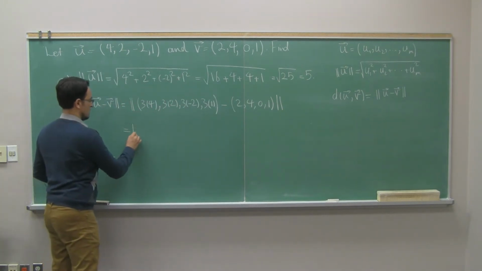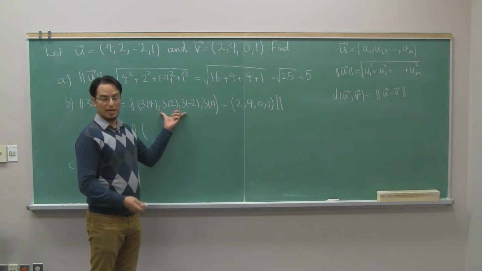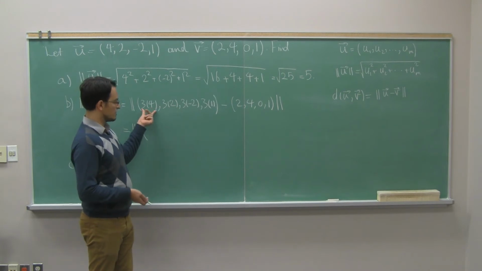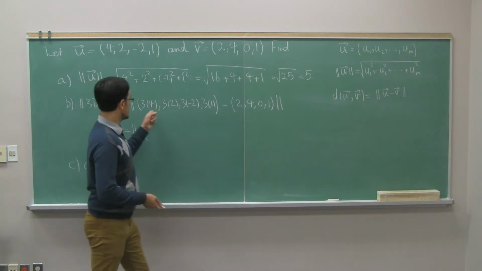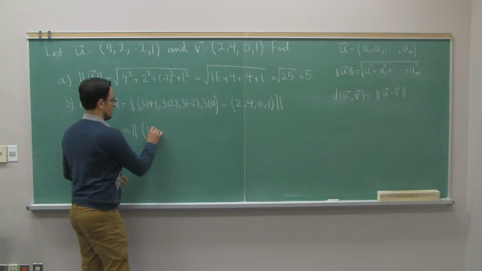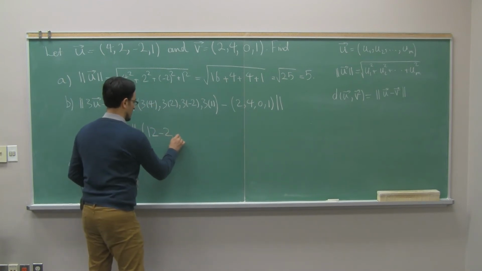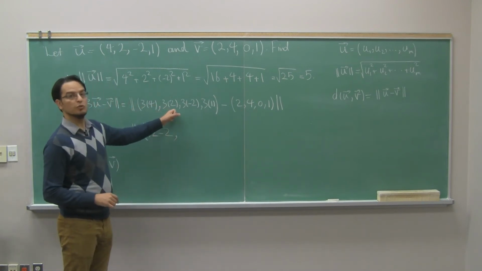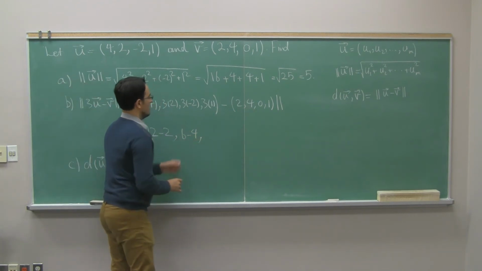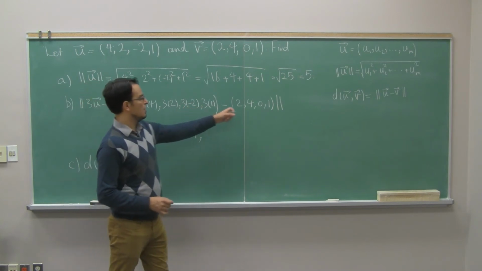Okay, let's see what this vector is. You have to know that the subtraction or difference of two vectors you can find by just subtracting component-wise. So the first component is 3 times 4, which is 12, minus the first component of the second one, which is 2. 3 times 2 is 6 minus 4. 3 times negative 2, which is negative 6, minus 0.